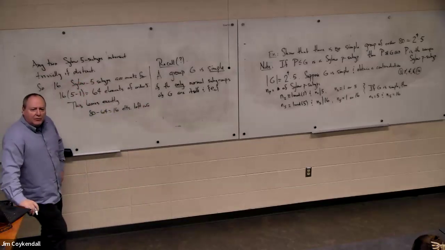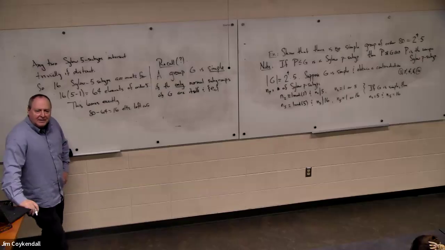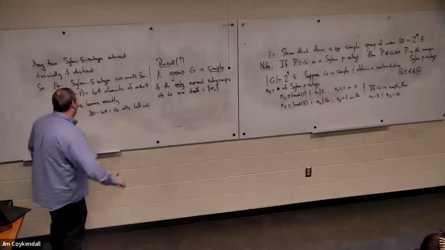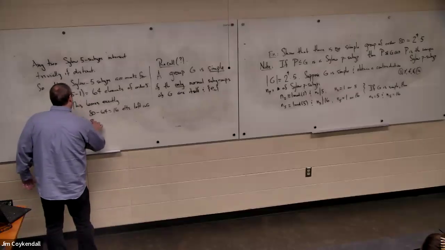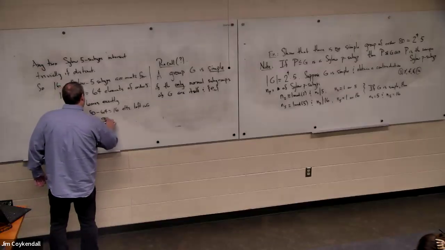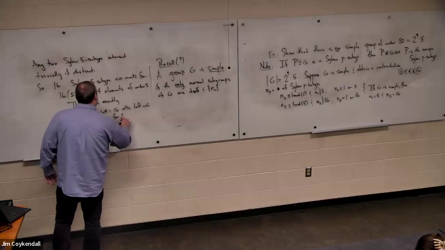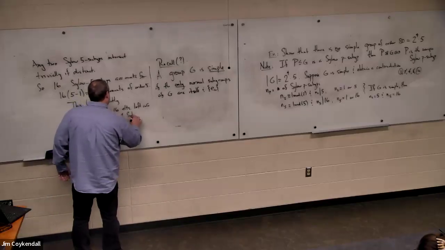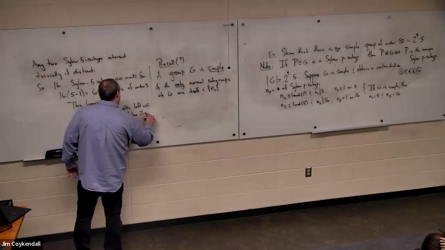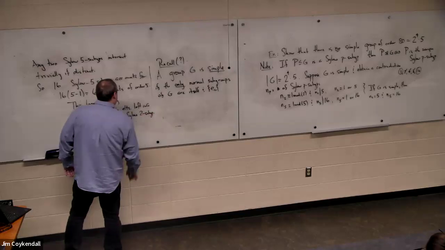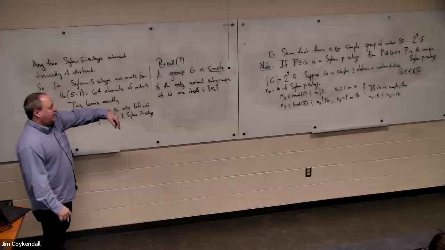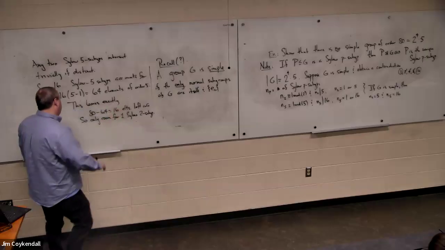And how big again was the Sylow 2 subgroup? It had exactly 16 elements. So there's only room for one Sylow 2 subgroup. This contradicts the fact that we had 5 of them.